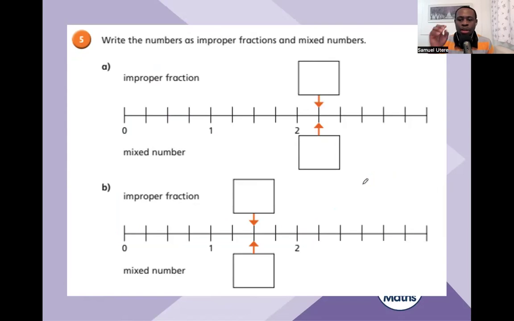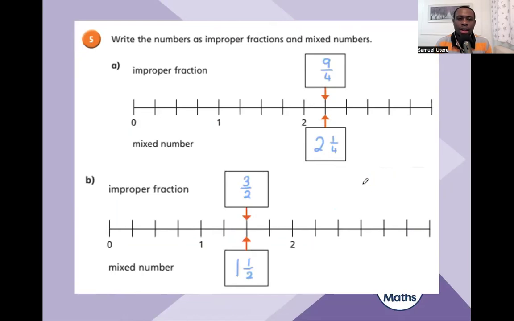Assuming you've paused the video and you've answered question 5, here are the answers. So here you're asked to write the numbers as improper fractions and mixed numbers. You can see that these are divided into quarters. So if this is 1, that is 2, that should be 2/4.